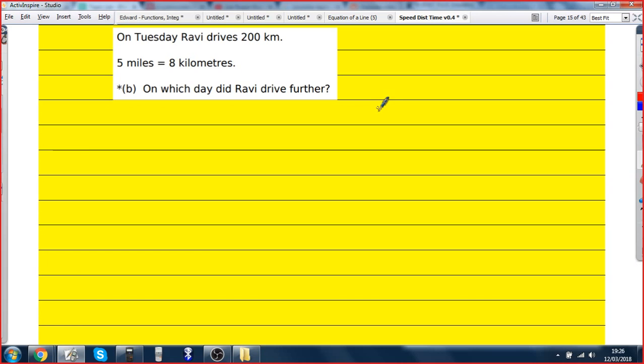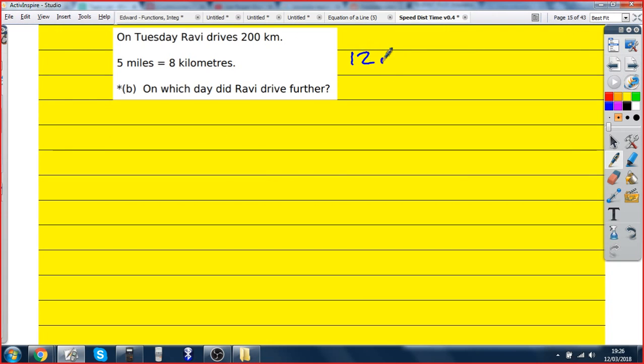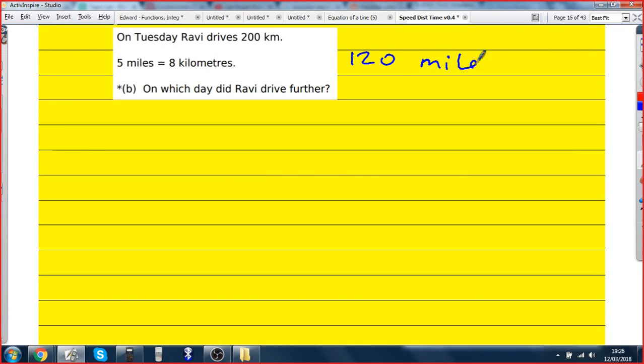So that's part B. And he drives 200 kilometers. On which day did he drive further? Okay, so this one he went 120 miles. And how would you do that?